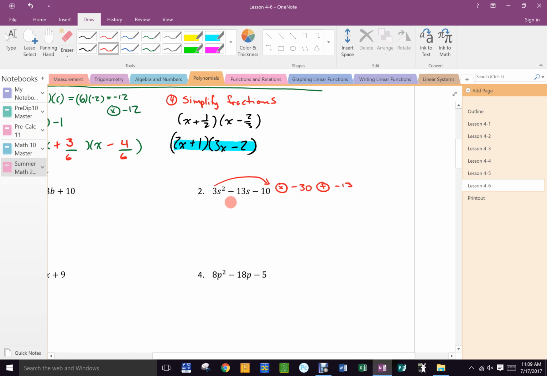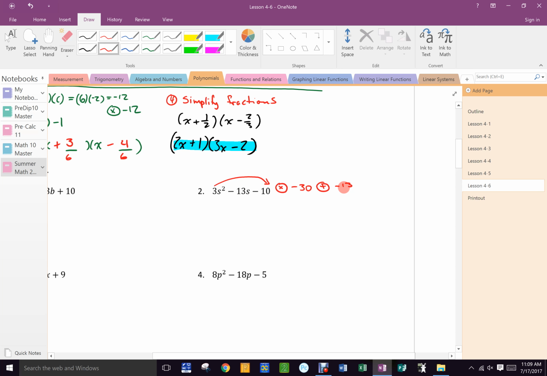What are the numbers that will get me to negative 13 and multiply to negative 30? Are they 1 and 30? No. Are they 2 and 15? Yeah. Because 15 minus 2 is what? 13. So it's 2 and 15, isn't it?